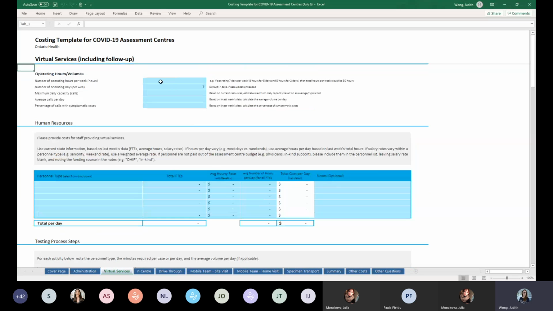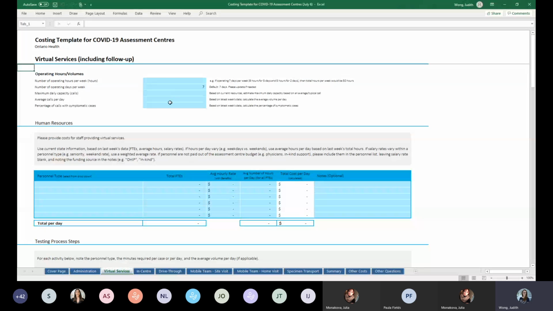For virtual services, we're collecting at the top of this tab and subsequent tabs some information about your operations and your volumes. So we want to know your number of operating hours per week total, days per week, which defaults to 7, but please adjust it if it's different.